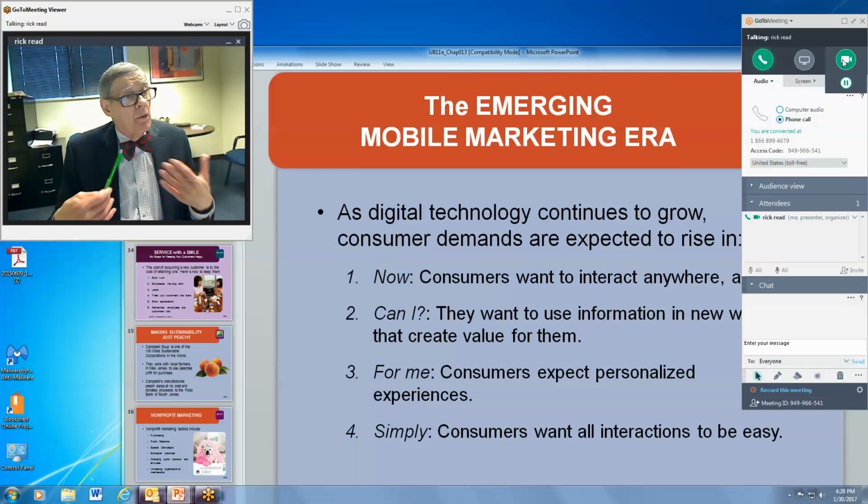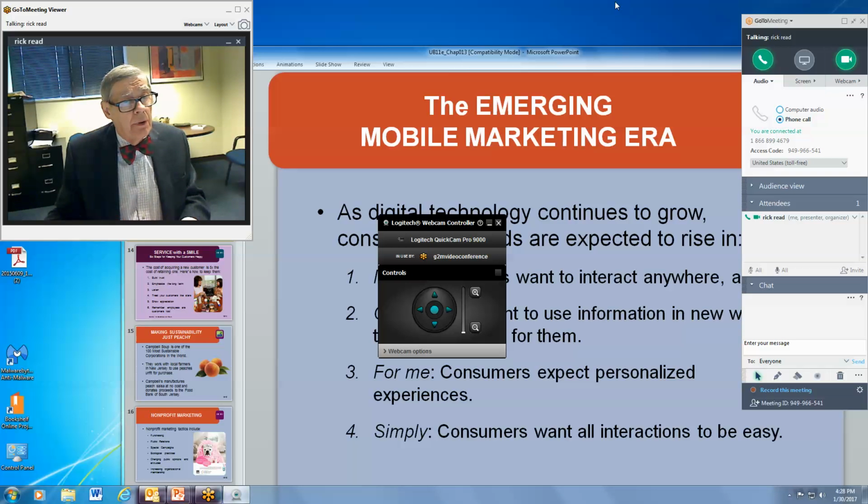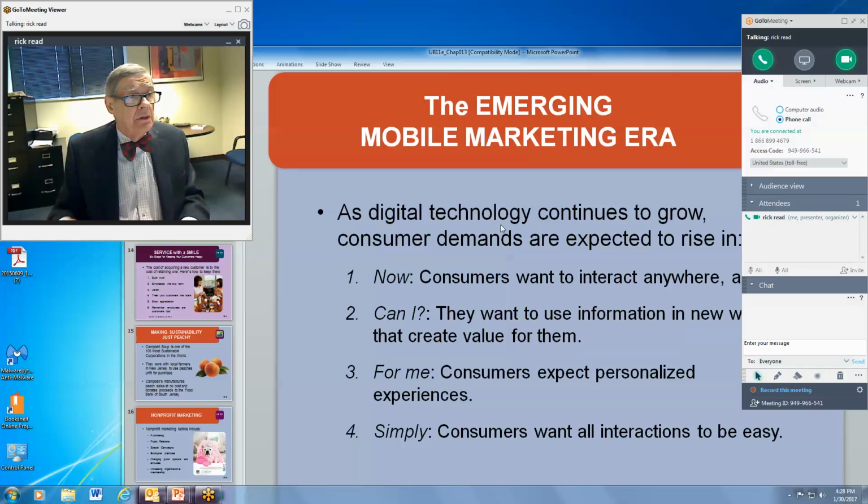Because they want this interaction now. And then the customers expect personalized experiences. Probably a new concept for a lot of people, other than somebody walking into a retail store and expecting personalized attention.